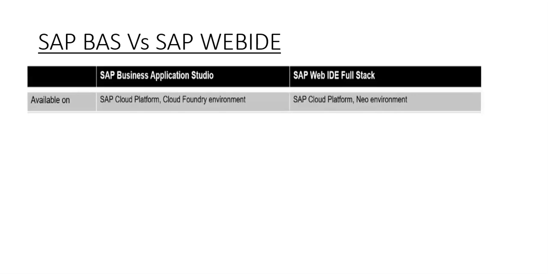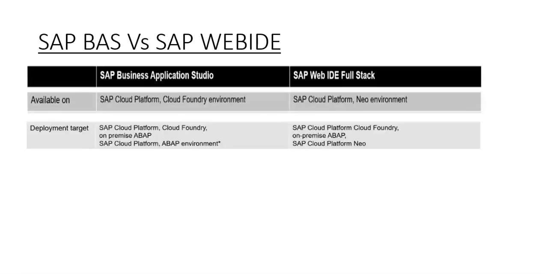If you are already working on the Web IDE trial version, that will be gone from November. But if you have a commercial Web IDE which your company or client has, that will be continued, but not for much time. Better we shift all our focus and development towards the Business Application Studio.